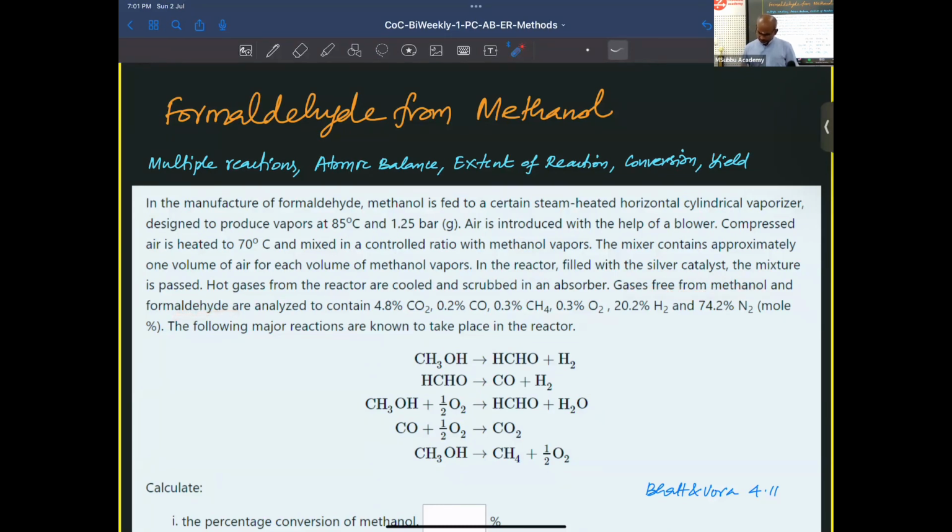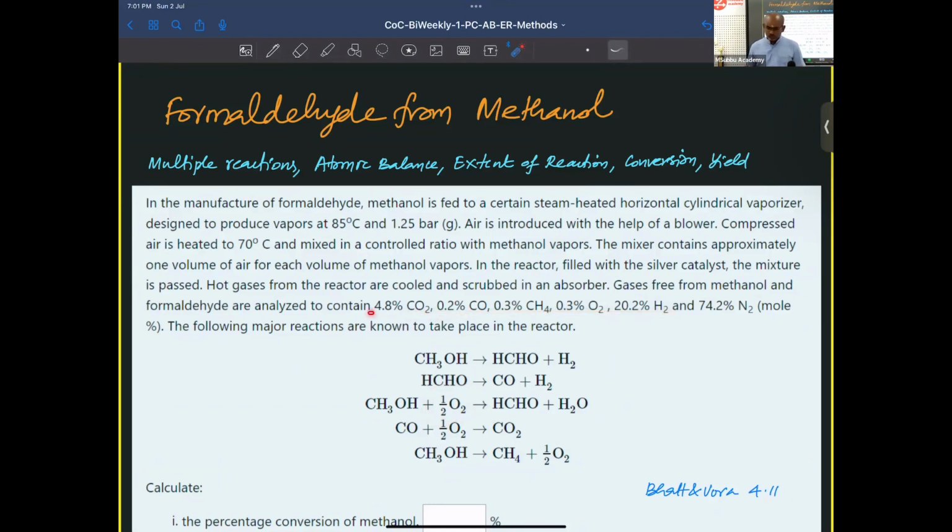From the gases leaving this absorber, we have, in addition, these components, namely carbon dioxide, carbon monoxide, methane, oxygen, hydrogen, nitrogen. Of course, nitrogen is not there in the reaction, but nitrogen is also coming because of nitrogen in the air. Okay, these components are coming.